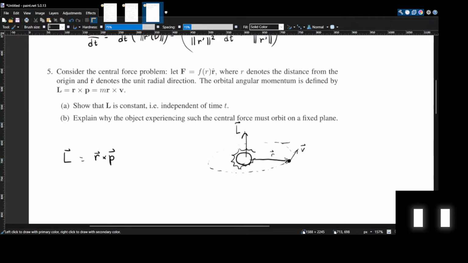So if this object is orbiting around the sun like this, then the angular momentum vector is going to point in the direction that is the axis of rotation.